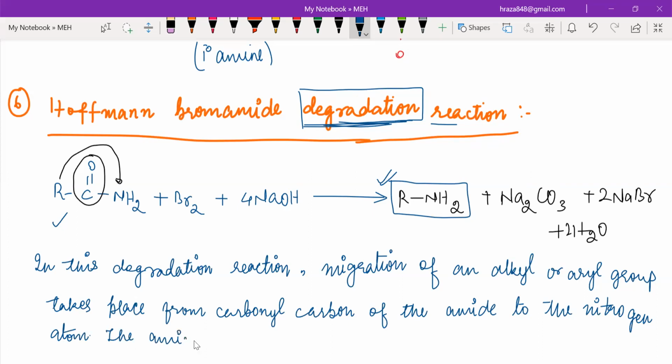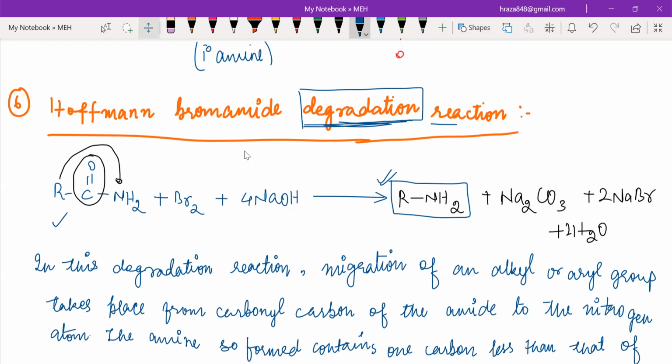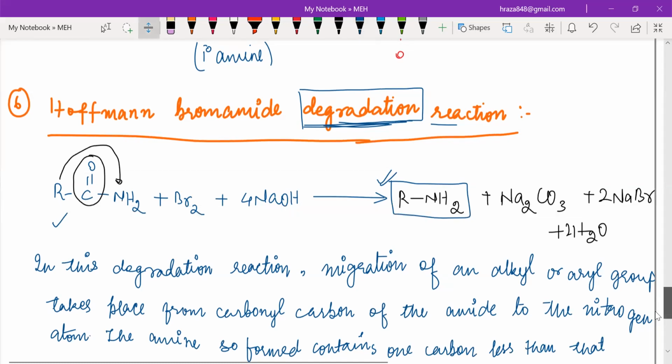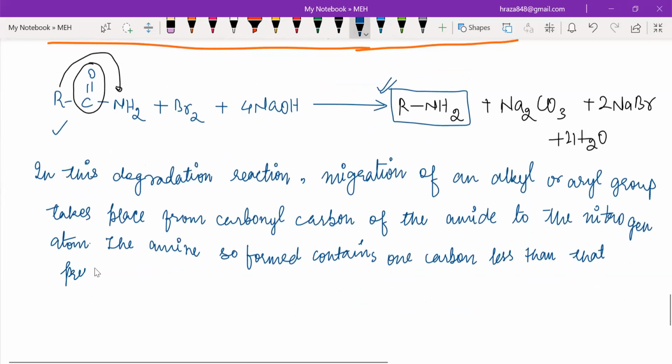The amine so formed contains one carbon less than that present in the amide. If you have any doubt in this, please do let me know.